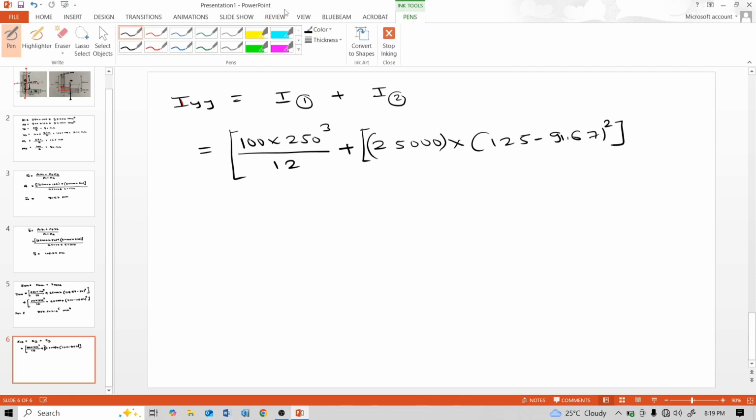This is I1, the moment of inertia about the bottom rectangle, one rectangle.